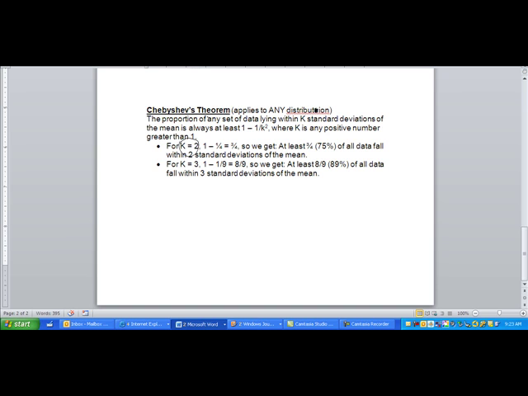The way we calculate that is in place of the k, we put a 2, and that gives us 1 minus 1 over 4. And of course 1 minus a fourth leaves us with 3/4.